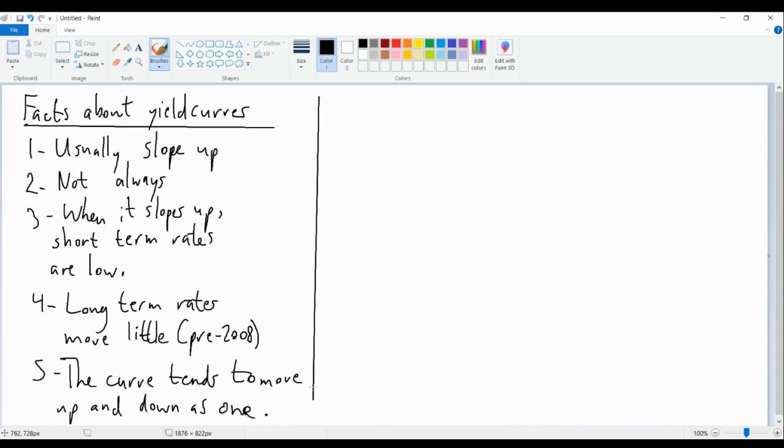We call that risk aversion. However, for this exercise, we're going to ignore it and see how far we can get.